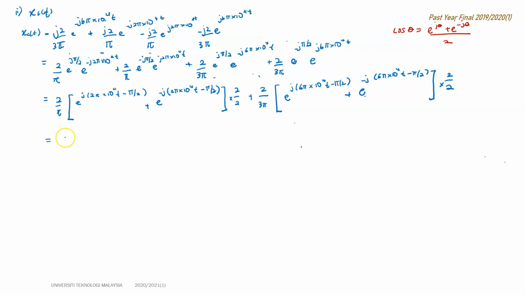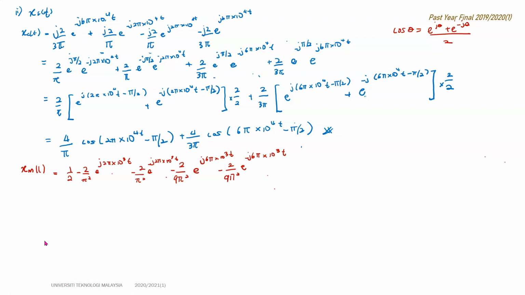So here it becomes 4 over pi, 2 multiplied by 2 is 4, and at the denominator is still pi, and this one becomes cosine 2 pi multiplied by 10 power of 4t minus pi over 2. And then for this part, 2 multiplied by 2 is 4 over 3 pi cosine 6 pi multiplied by 10 power of 4t minus pi over 2. Okay, so this is the answer for Fcmt.